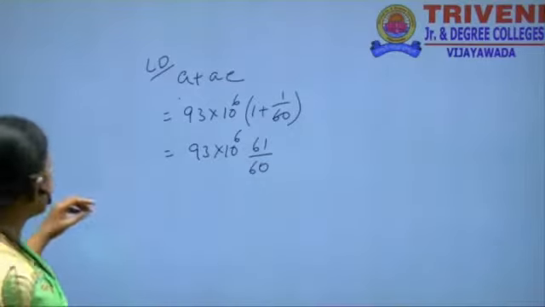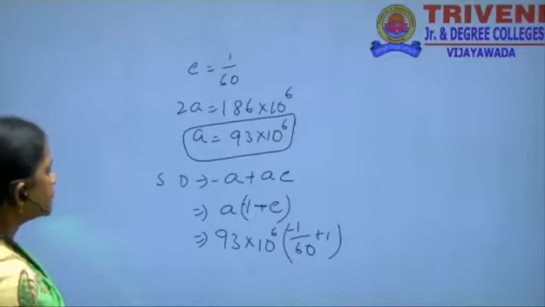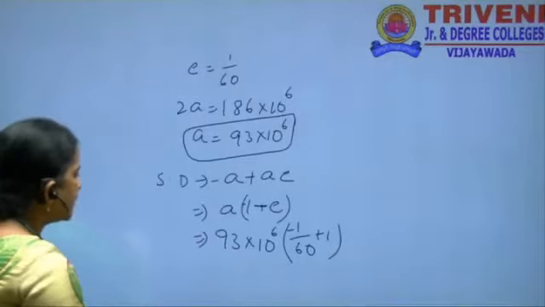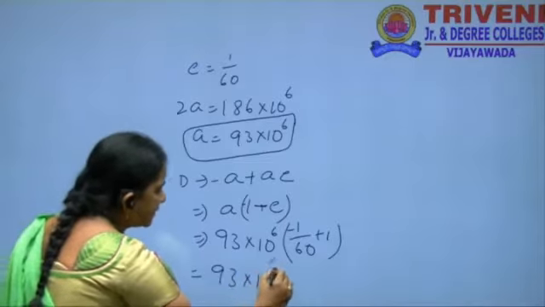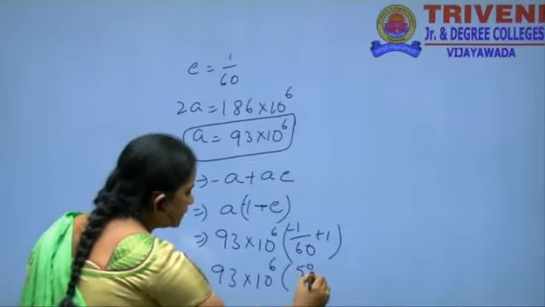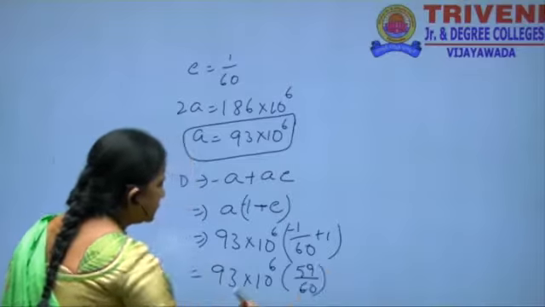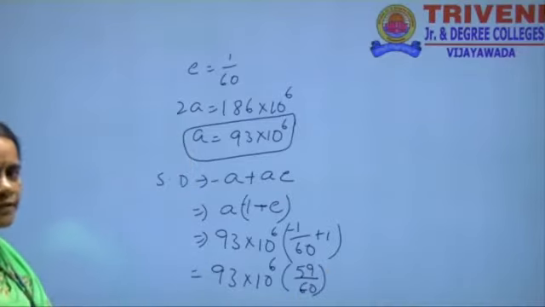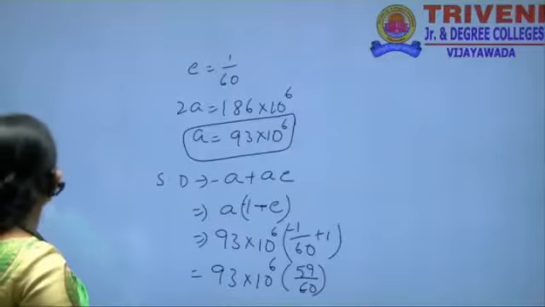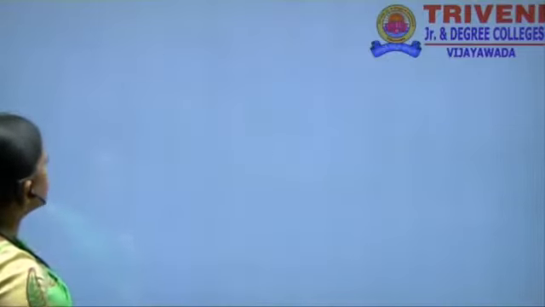This is the longest distance and here it is the shortest distance. The shortest distance is 93 into 10 power 6 into 59 by 60. This is how you find the shortest distance and longest distance. And then we go to the next problem.